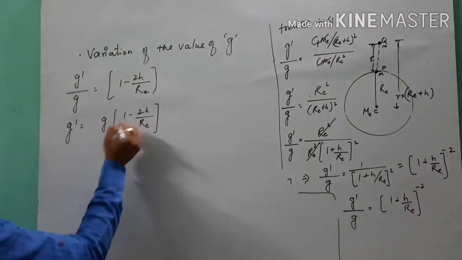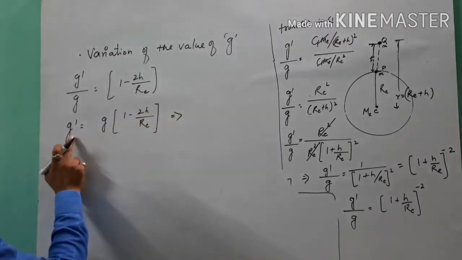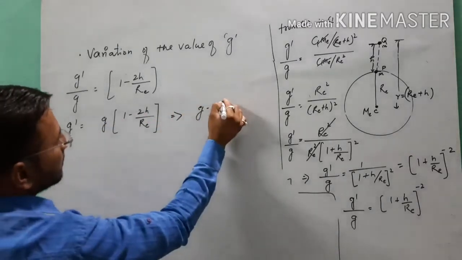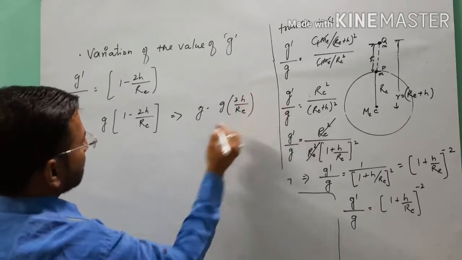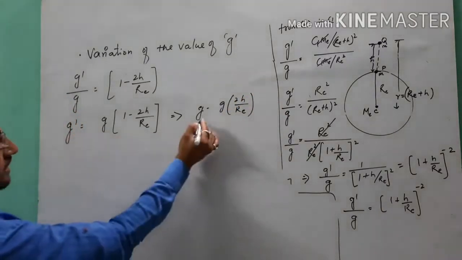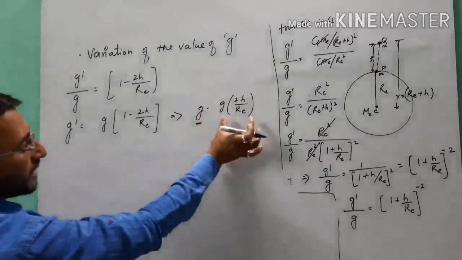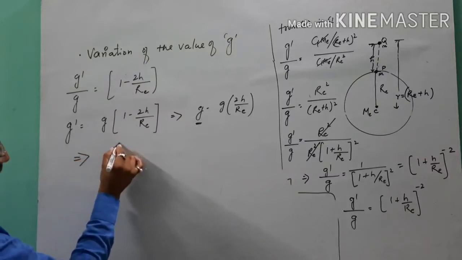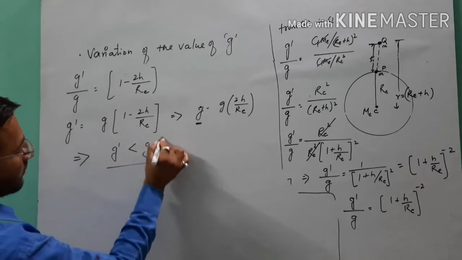From this you can see easily that g dash will be g minus g times 2h upon Re. It means that the value of g dash is the actual value minus that value, so g dash will be less than the value of g.